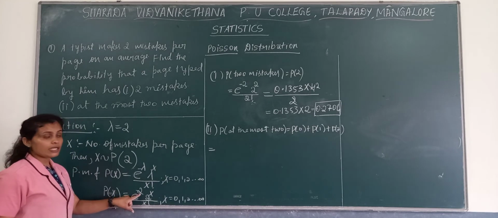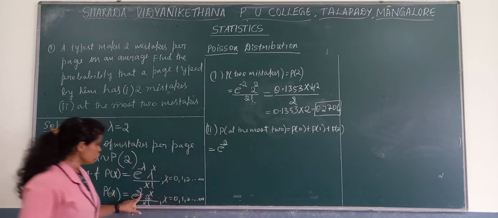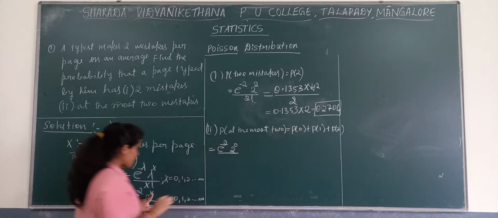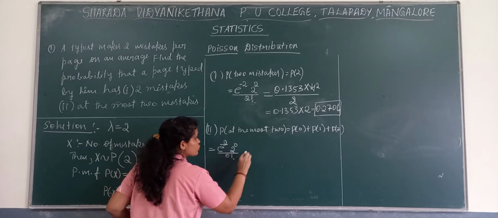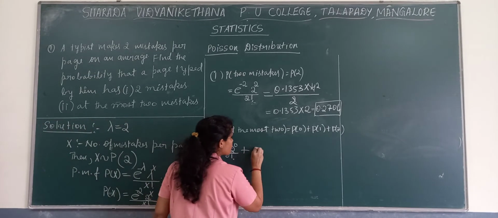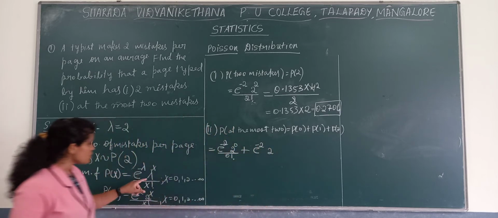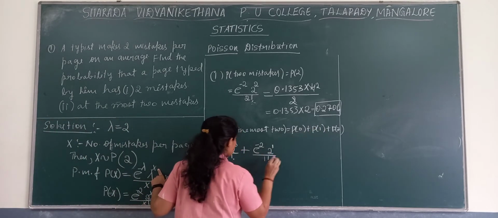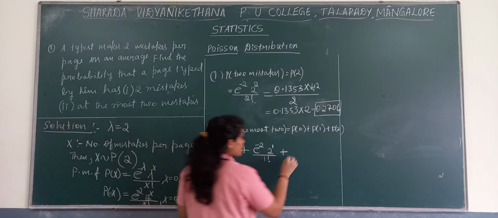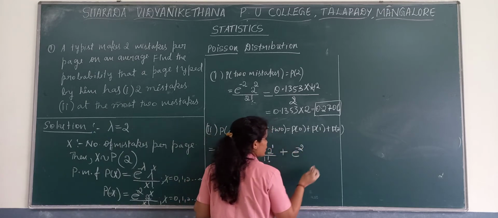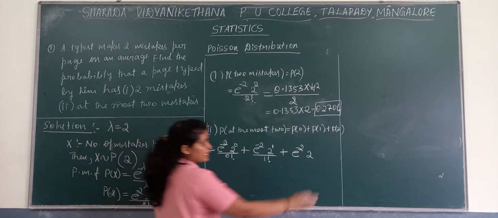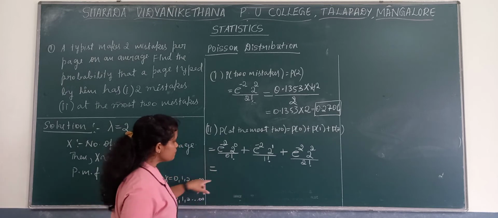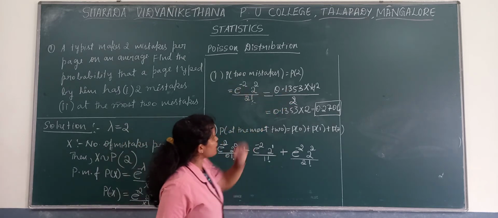Take the equation: e to the power minus 2, 2 to the power x, where x value here is 0, divided by 0 factorial, plus the second one, e to the power minus 2, lambda to the power x, what is the x value here? 1, divided by 1 factorial, plus e to the power minus lambda, lambda is 2, power x, here once again x value is 2, and 2 factorial.